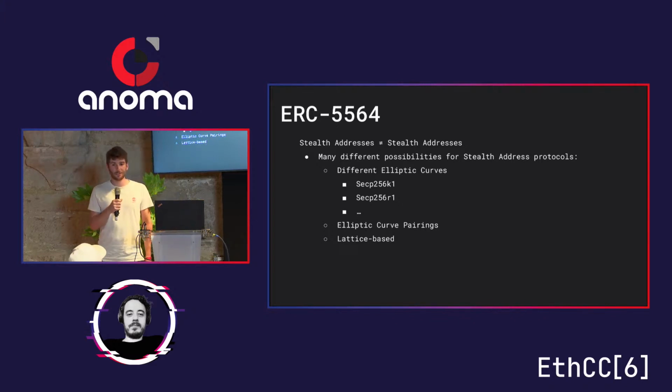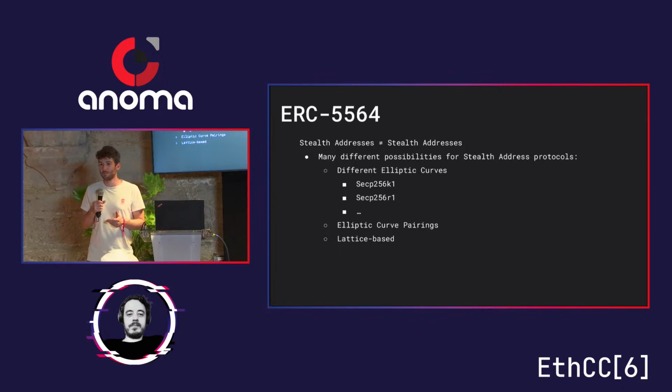You can use the secp256k1 curve, the R1 curve. There are stealth address protocols being proposed using elliptic curve pairings. And then even more sophisticated ways, you can even use lattice-based cryptography to generate stealth addresses. And because the recipient needs to know how the sender generated the stealth address, we need some standardization.